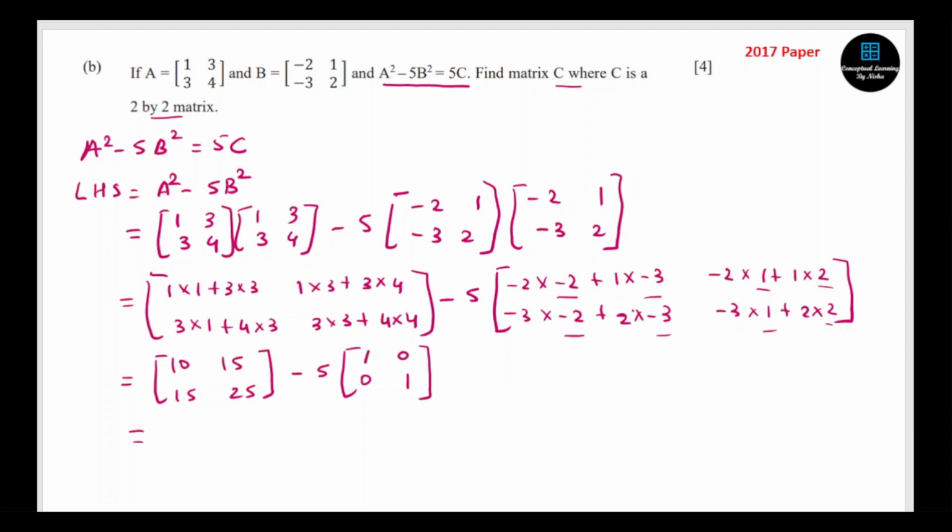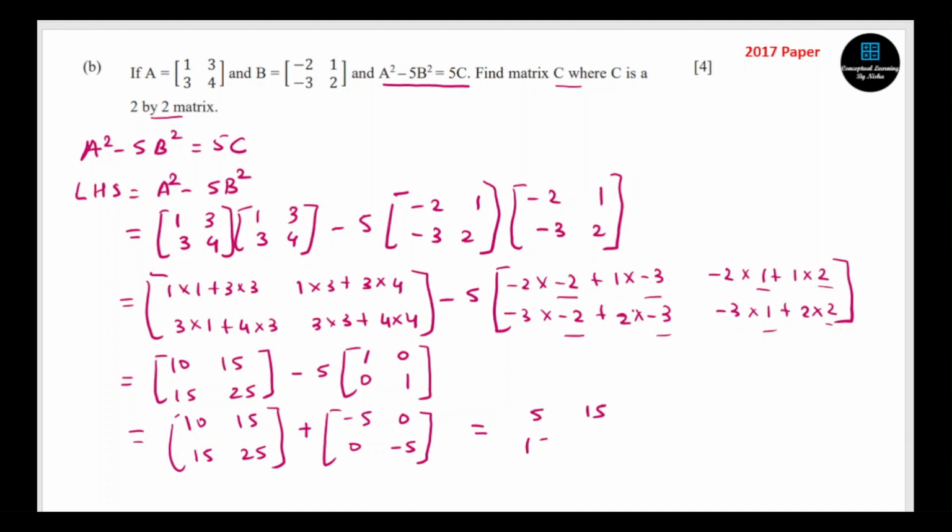Now this is what? 10, 15, 15, 25, and I'll multiply this by 5. So minus 5, so what I'll get? Minus 5 0 0 minus 5. Now when I simplify this, what do we get? This is 5, 15.